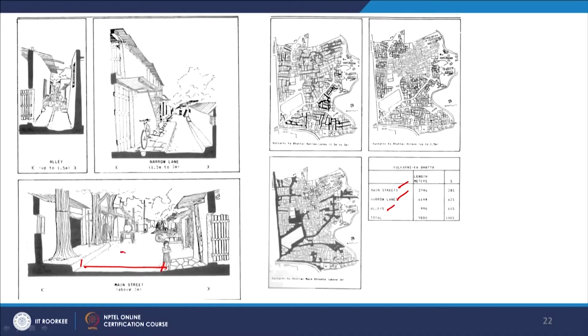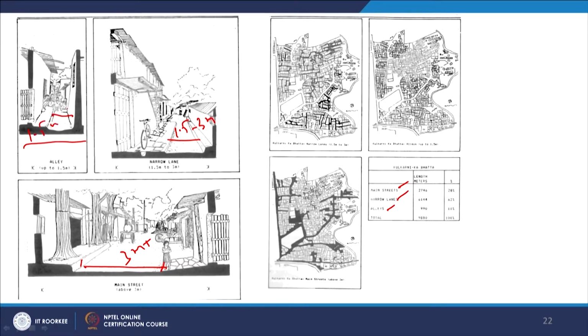And the streets, how the street offers. You have the main streets, narrow lanes and alleys. The main streets are about 3 meters, whereas the narrow lanes are about 1.5 to 3 meters. The alleyways are smaller, up to 1.5 meters, which could be just small pedestrian routes.